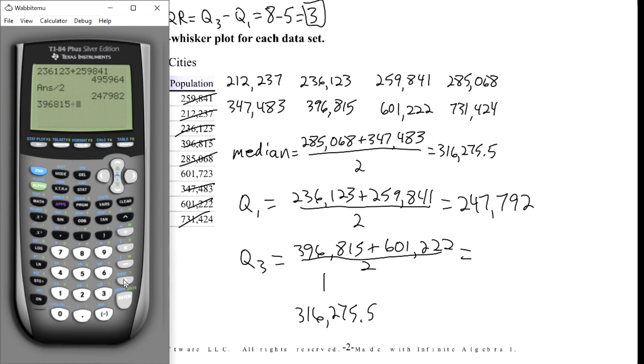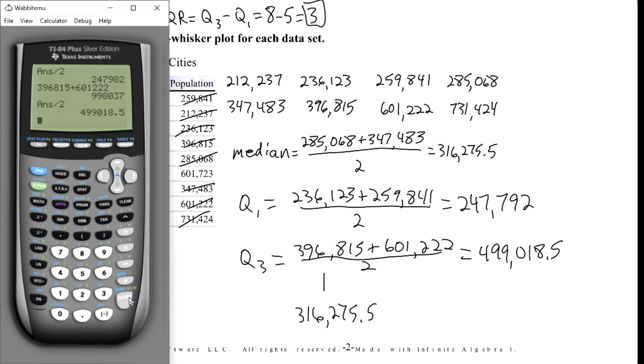And we're going to add to that 601,222. And that's going to be that, and we're going to divide by 2. And we'll get 499,018.5.